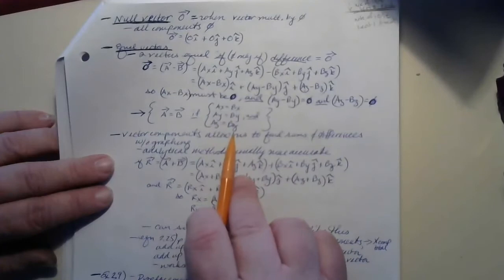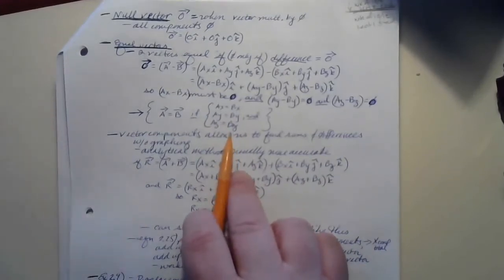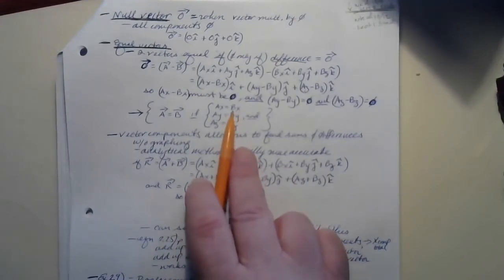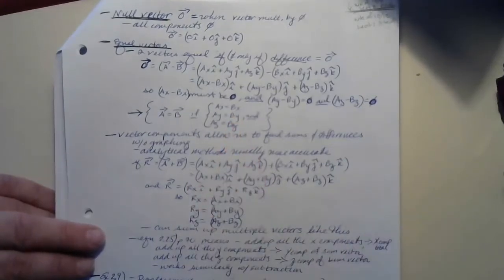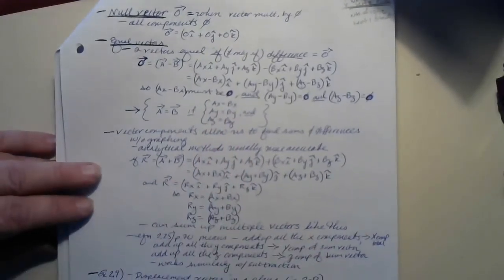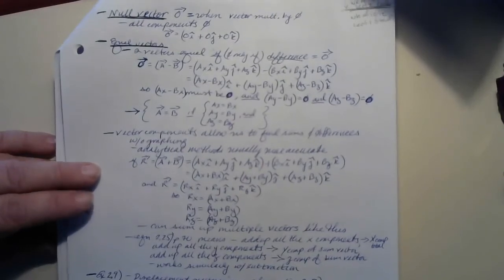Because the x, y, and z components not only give you the overall magnitude of the vector, but because x, y, and z are directions, when you look at the magnitudes of those components, they give you the direction of the vector also. So if the x, y, and z components are all the same, then the magnitude and direction of the vectors must be the same, and therefore the vectors are equal.